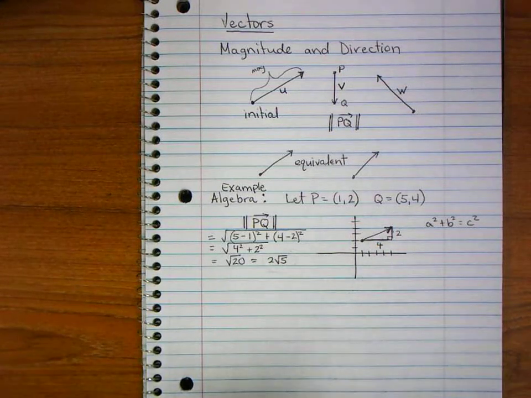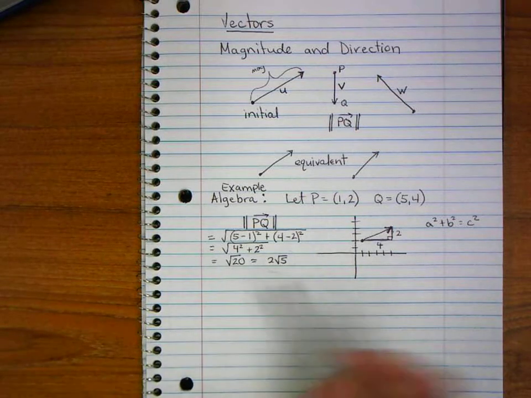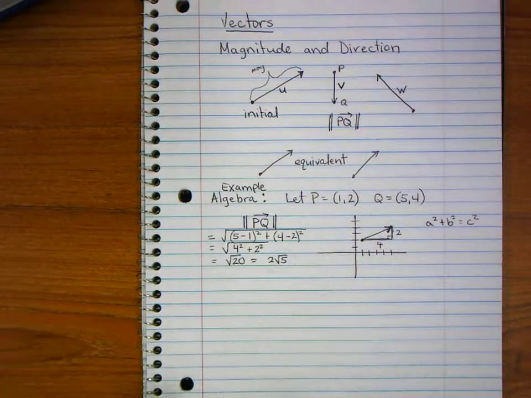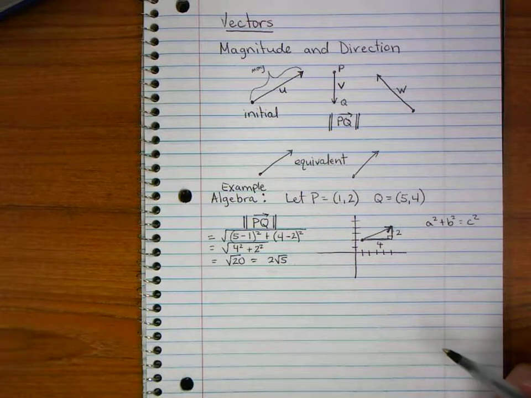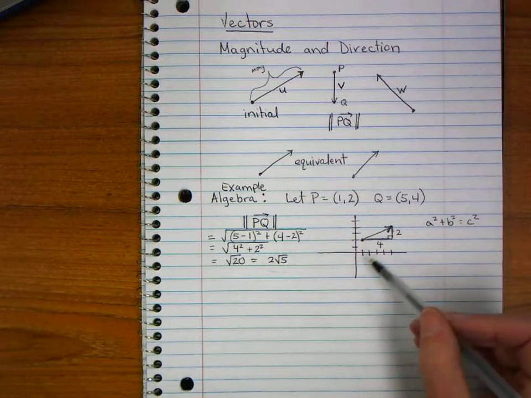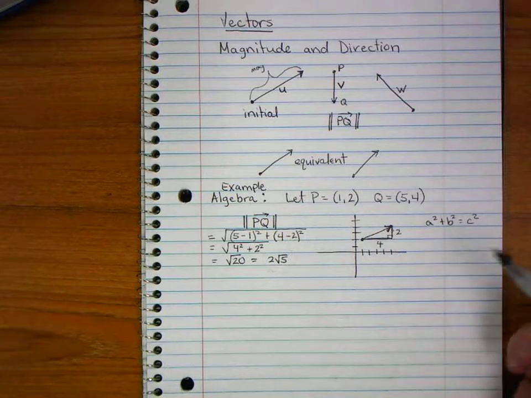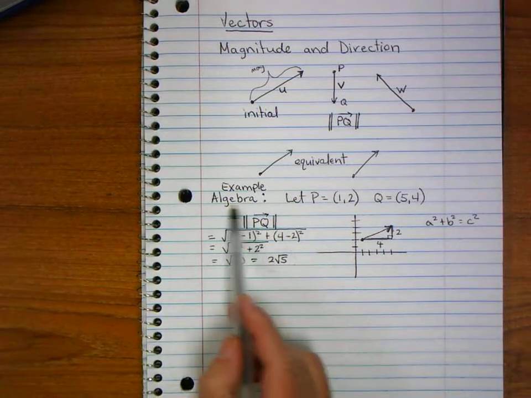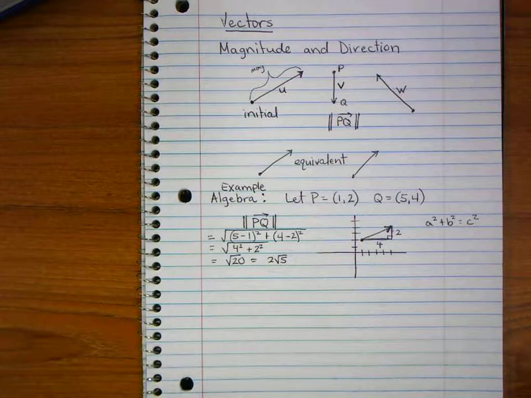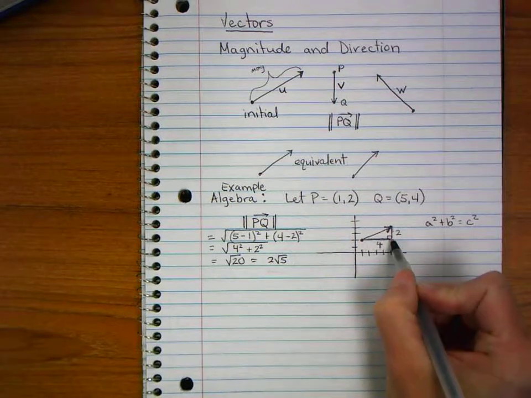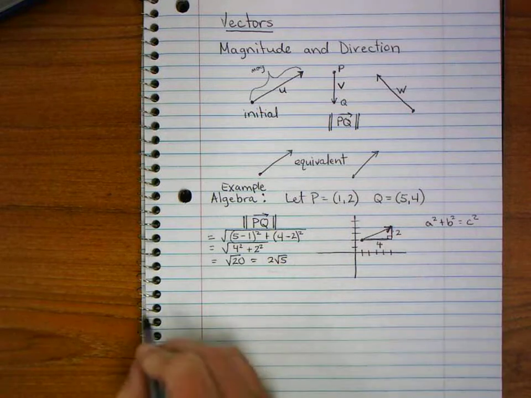The other piece of this, though, other than just the magnitude, is that we have to be going in the same direction. So in order to decide whether they're in the same direction, we could do it a couple of ways, but algebraically it would be easier to look at the slope. Trigonometrically, we could look at its angle to the horizontal. But to start with, since we said this was an algebra example, let's just look at the slope.